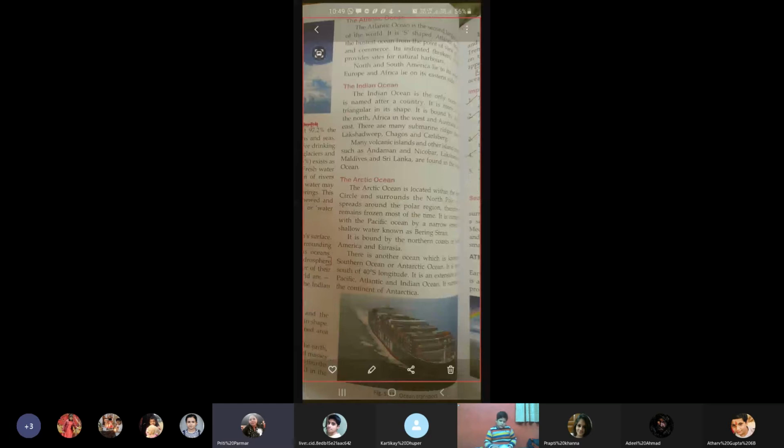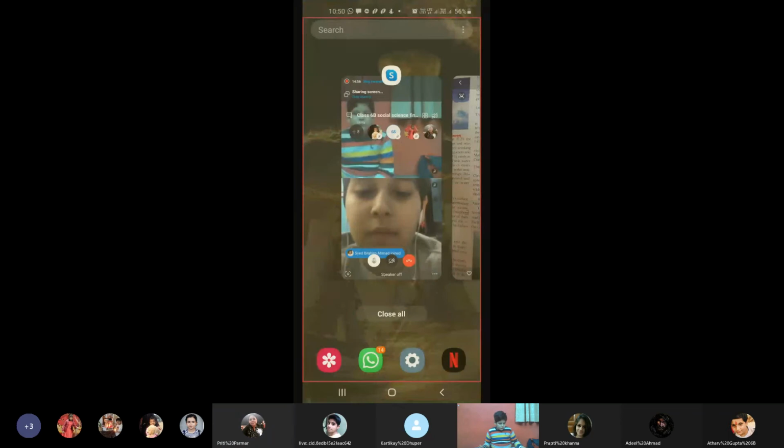There are many submarine ridges like the Lakshadweep, Chagos, and Carlsberg. Now, many volcanic islands and other island groups such as Andaman and Nicobar, Lakshadweep, Maldives, Sri Lanka are found in the Indian Ocean. So all you need to know is that it's a triangular shaped ocean. I'll again try to show you.